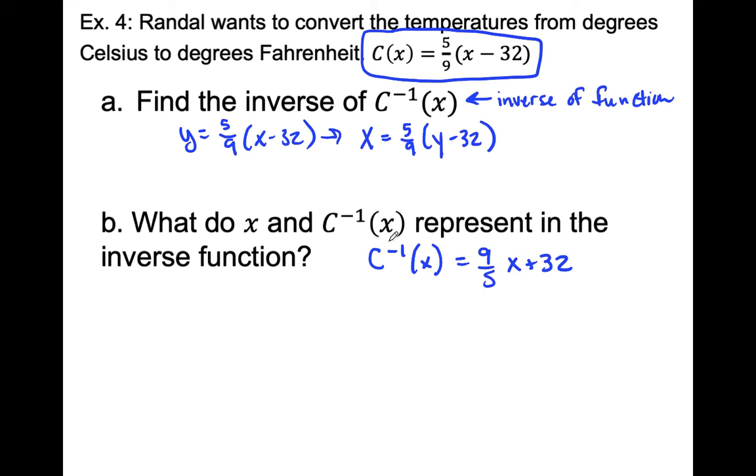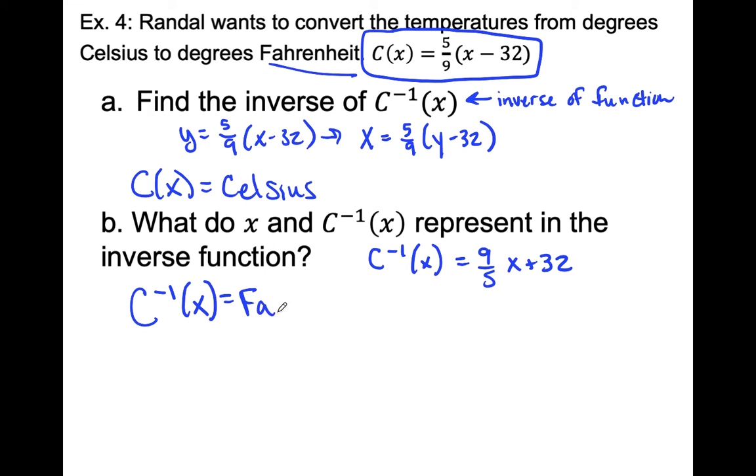So they want to know what c to the negative 1 of x represents. Well, in the beginning, c of x is the degrees Celsius. So if c of x is degrees Celsius, then inverse c of x is the opposite, which would be Fahrenheit. And I don't care if you write degrees or not, but it would be degrees Fahrenheit.